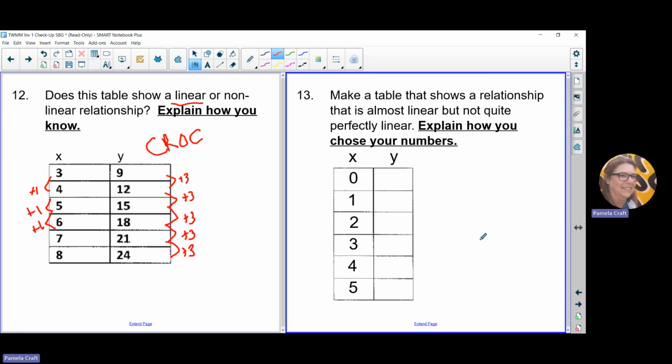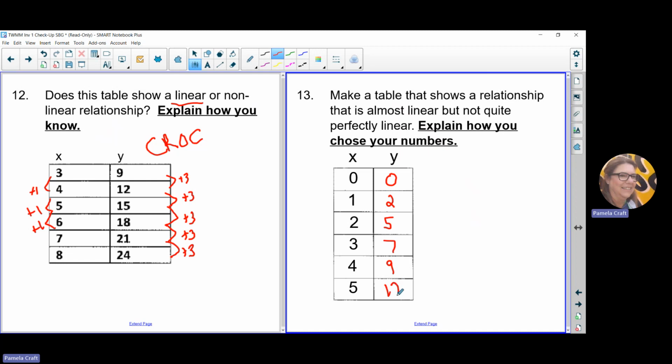In 13, they want you to make a table so that it's almost linear, but not quite. So you could maybe start at 0 and then go up by 2, and then maybe go up by 3, and then maybe go by 2 again, and maybe by 2 again, and then a 3.